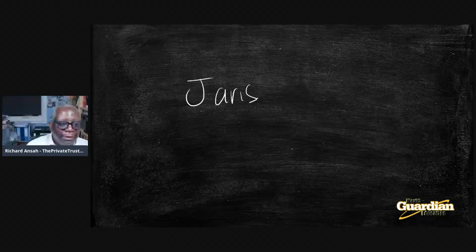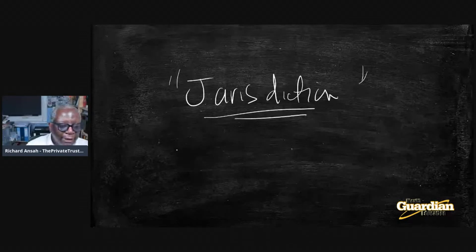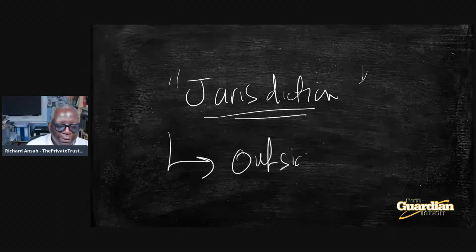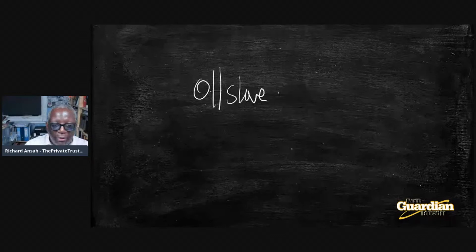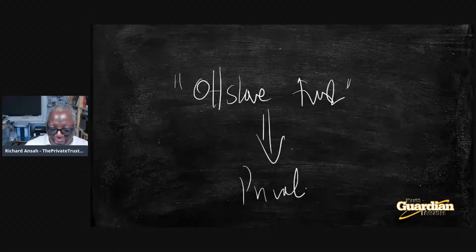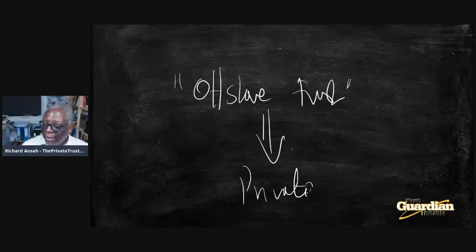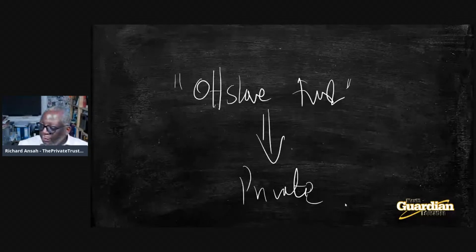That's the buzzword, and effectively it's outside of the UK. You could argue that an offshore trust could technically be private, because it's outside the jurisdiction of UK law. Does everyone understand that?